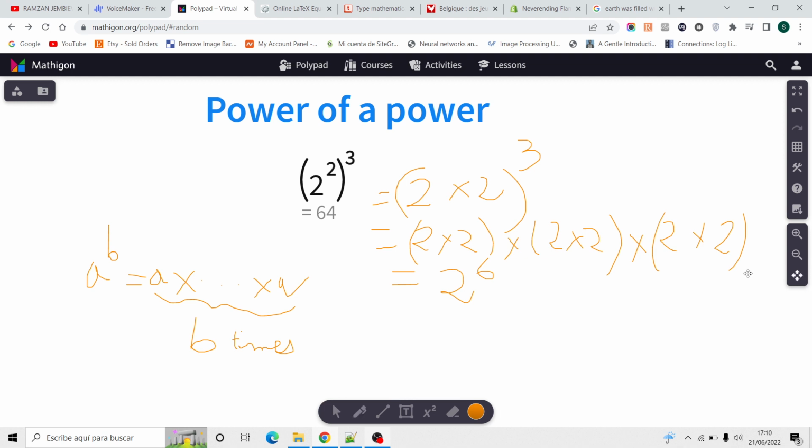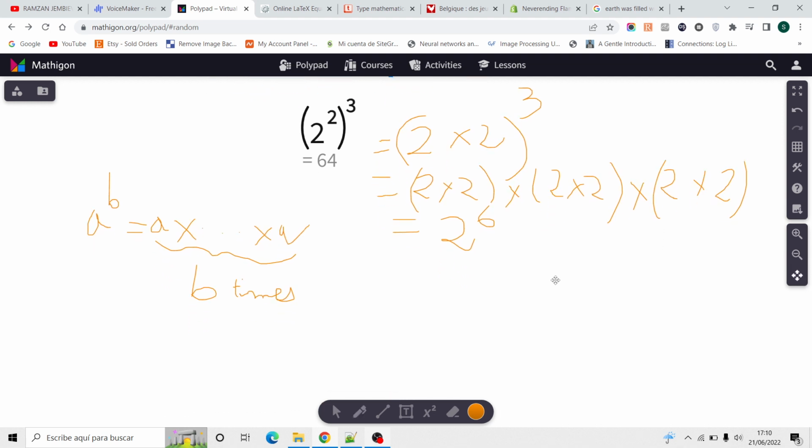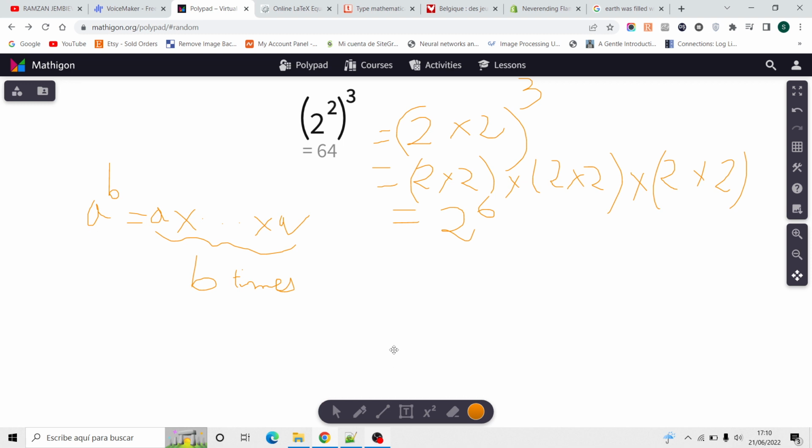So let's do another example. Okay, let's calculate, for example, 4 to the exponent 3 to the exponent 2. Okay.